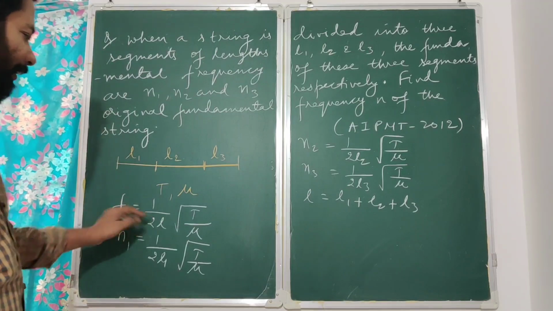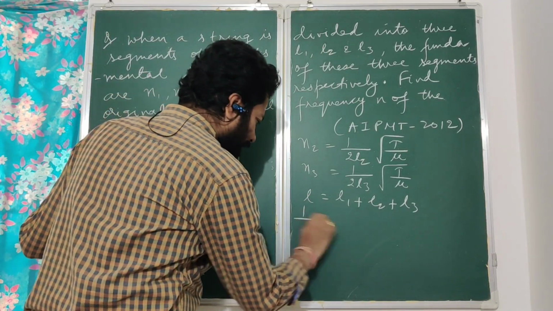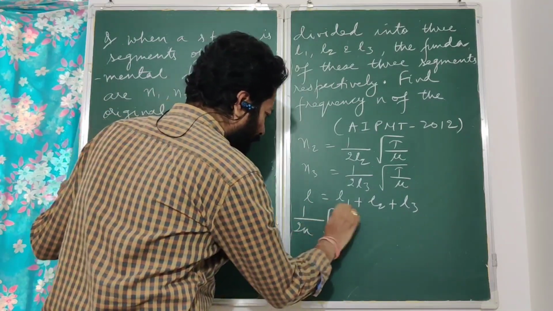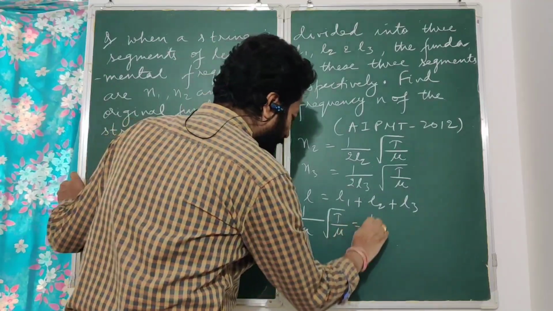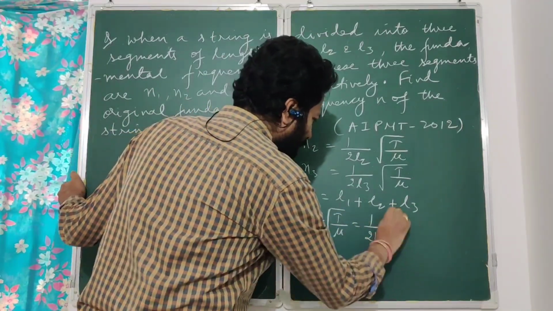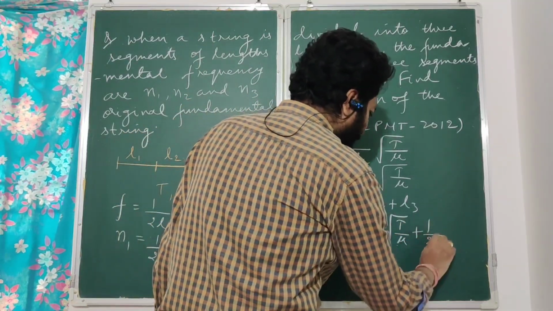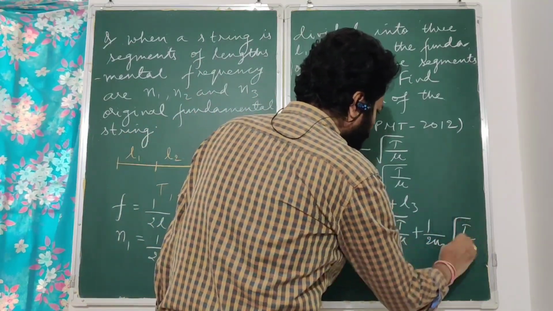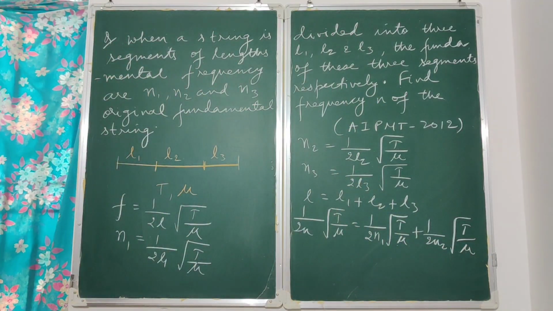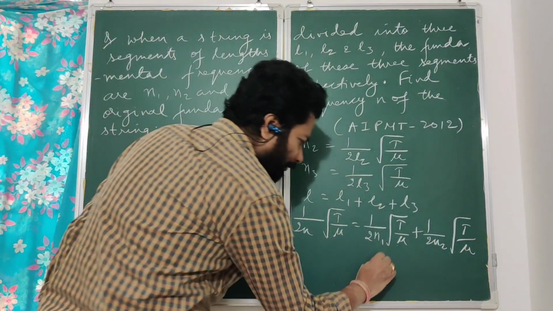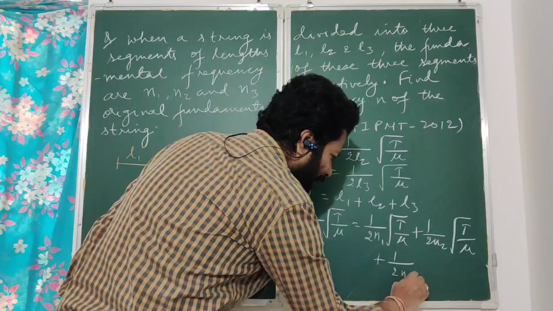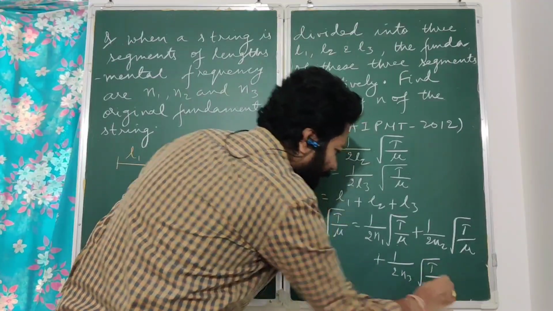You can write it as 1 by 2n root of T by mu, and this can be written as 1 by 2n1 root of T by mu plus 1 by 2n2 root of T by mu plus 1 by 2n3 root of T by mu.